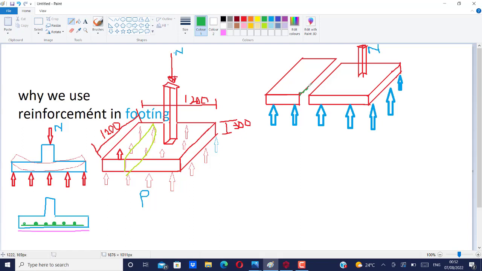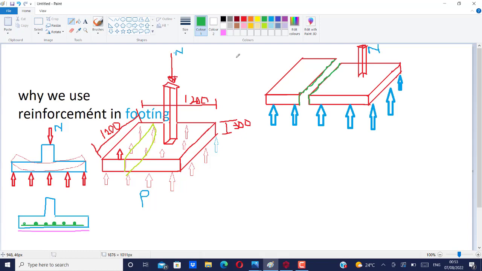It can shear here, this way, through the depth along this width. So there is tendency that as this pressure is acting on this footing, this footing can shear in this way.